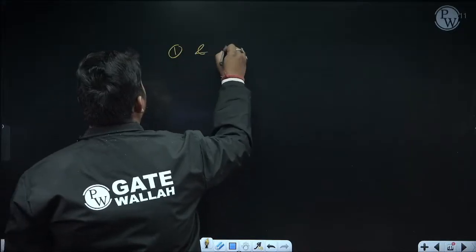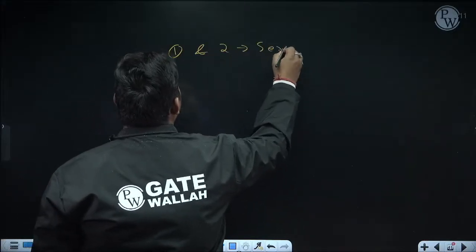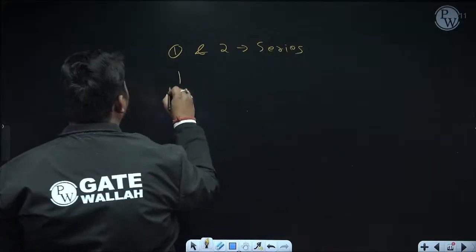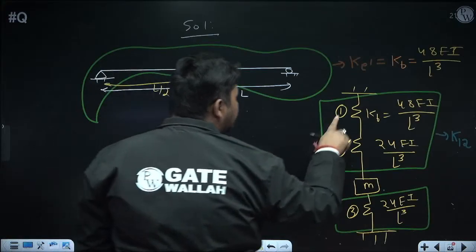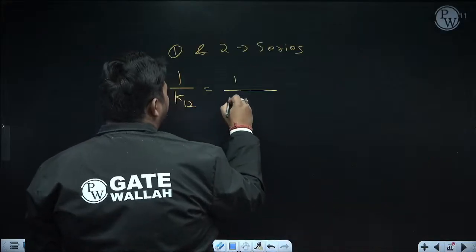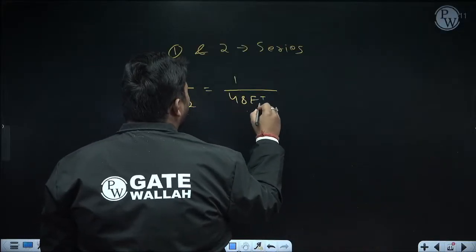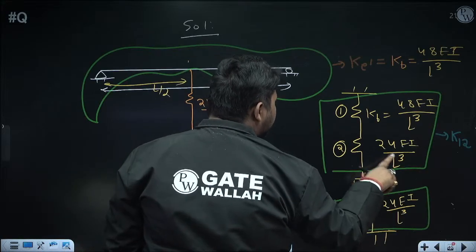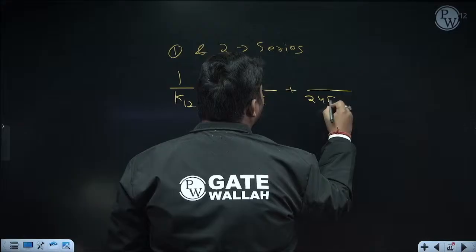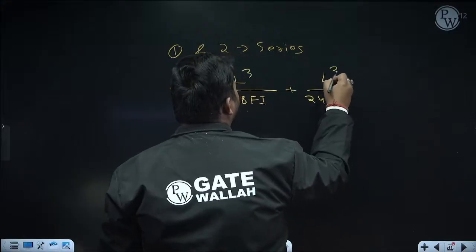Since 1 and 2 are in series, their equivalent, that is K12, will be 1 upon K12 equal to 1 upon K1. K1 is nothing but KB, which is 48 EI upon L cube, plus 1 upon K2. K2 is this stiffness, which is 24 EI upon L cube.